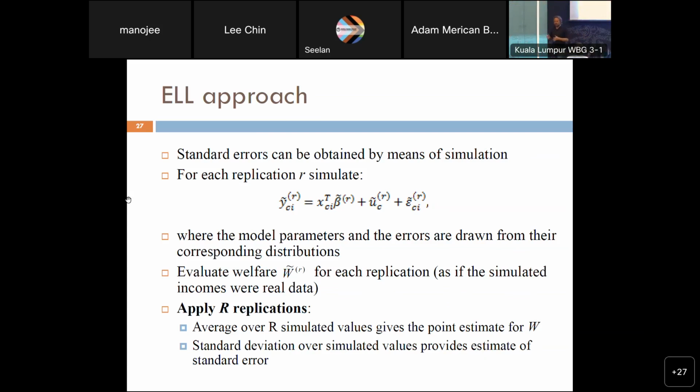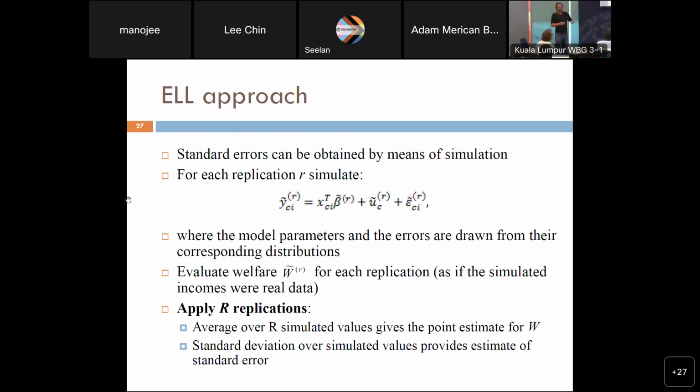Treat that one given simulation as if it was the true data set. Just imagine we observe household consumption for every household in the census. We use the data to compute headcount poverty rates in every municipality or every district. So for a given simulation, we have estimates of poverty for each of the subnational units.